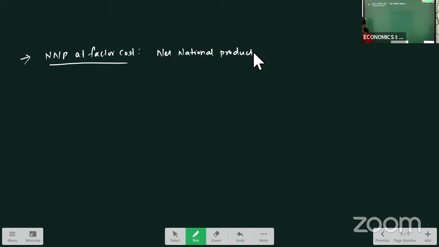So how do we calculate the net national product at factor cost? It is also called national income.